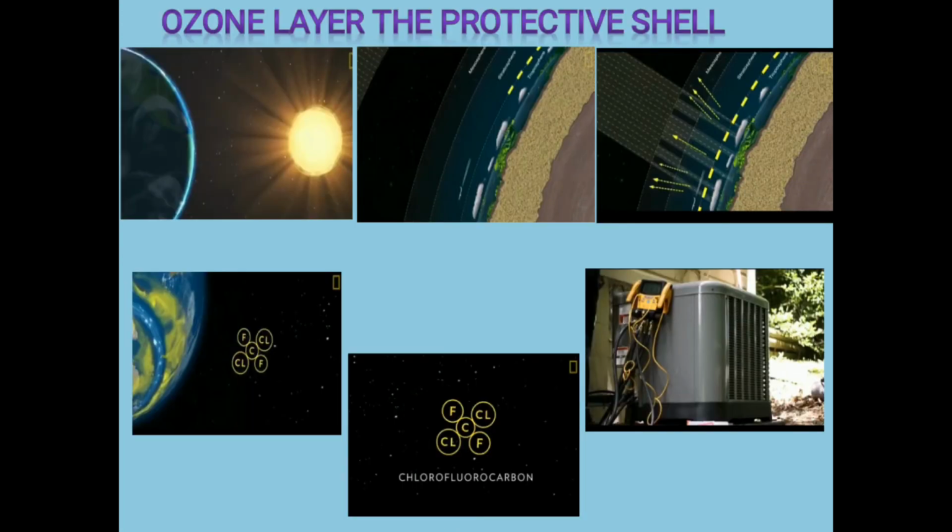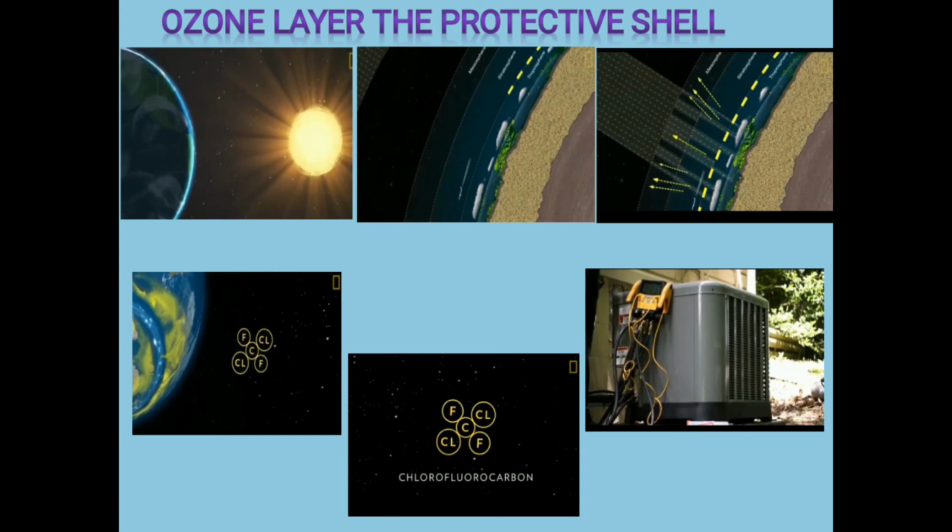Now, let us learn about the ozone layer. The ozone layer is the protective shell of the earth. Students, there is an ozone layer, O3, between the lower part of the stratosphere and the upper part of the troposphere.